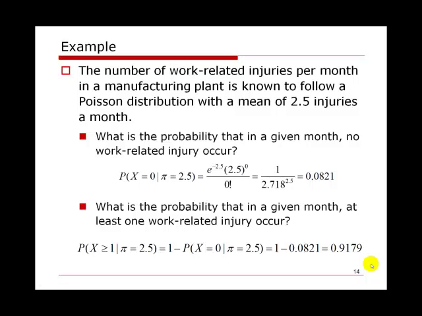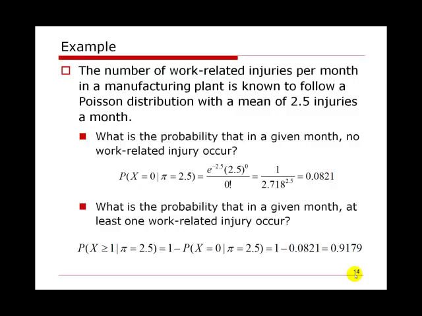Now the first question asks us, what is the probability that in a given month no work-related injury occurs? First we have the average occurrence equal to 2.5 injuries. And now we are looking at the probability that x, which is the number of events that occur, equals 0.